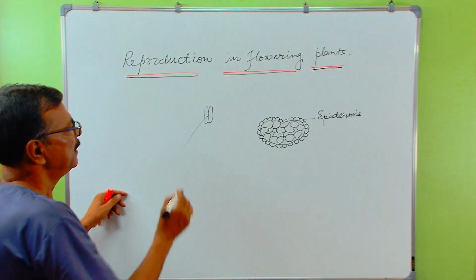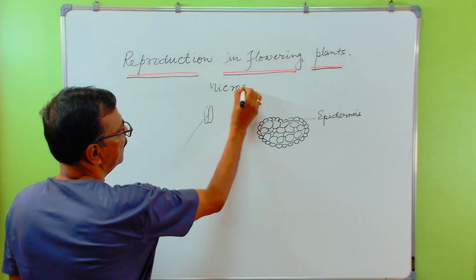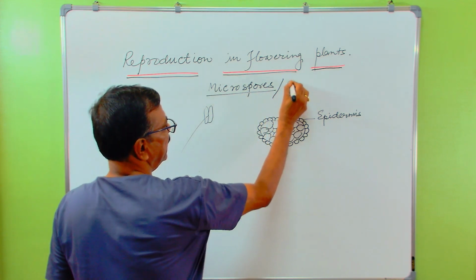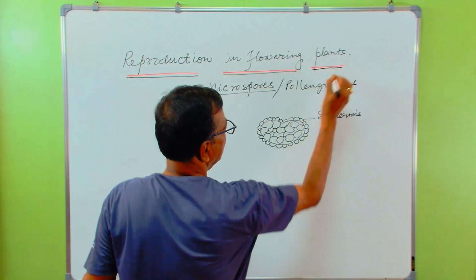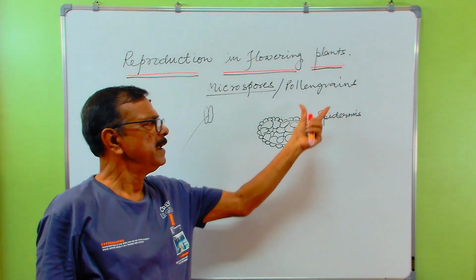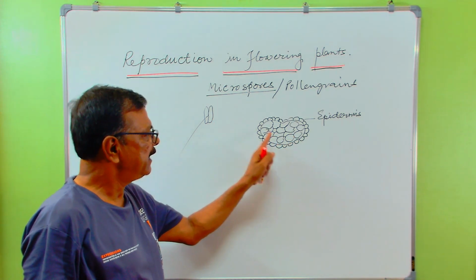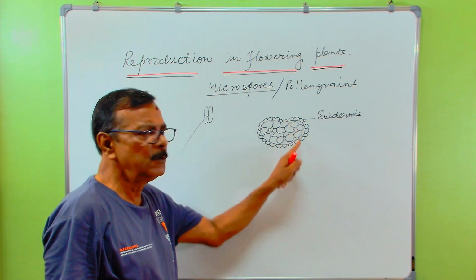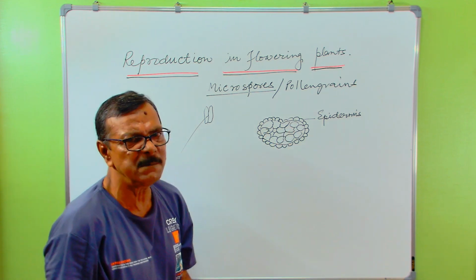or before the male gamete we are producing microspores. These are also called pollen grains. So microspores or pollen grains are developed in the anther. In the anther, we see initially there are two lobes, bilobed, and this is full of meristematic cells.